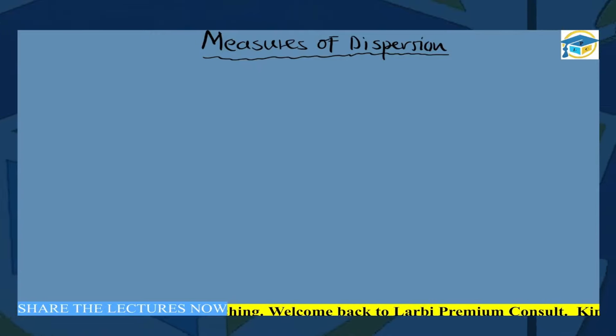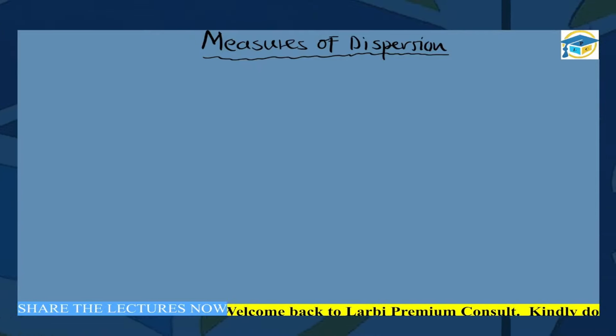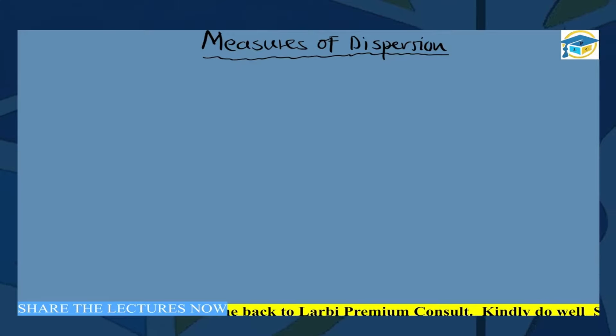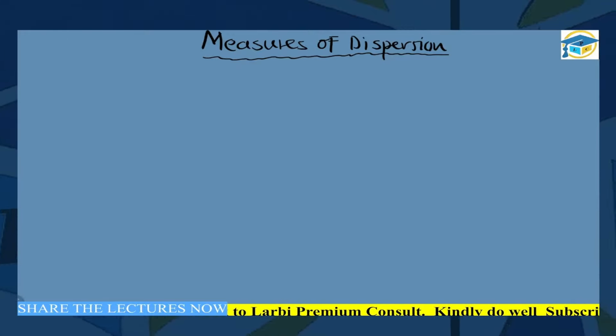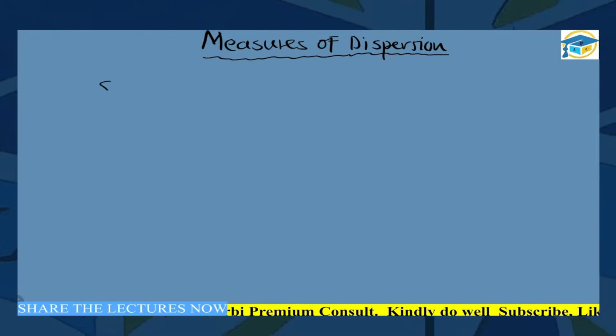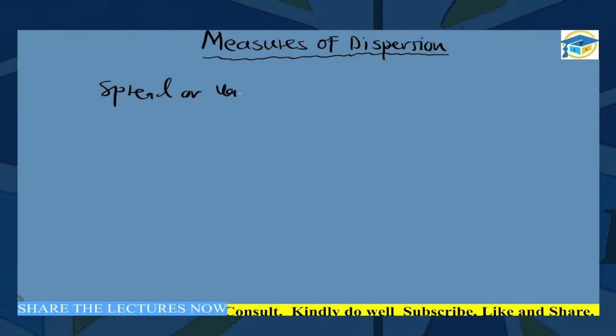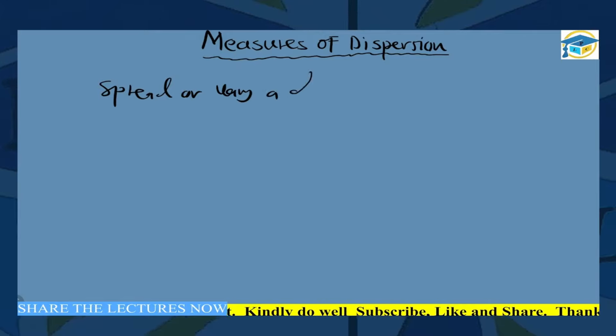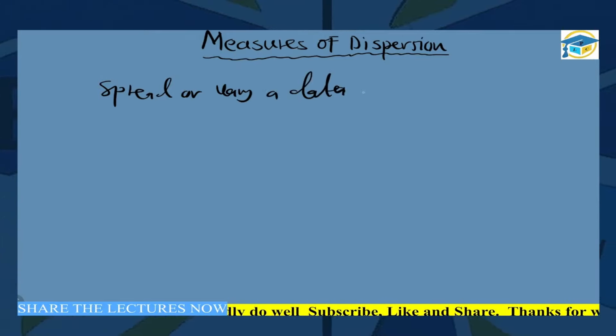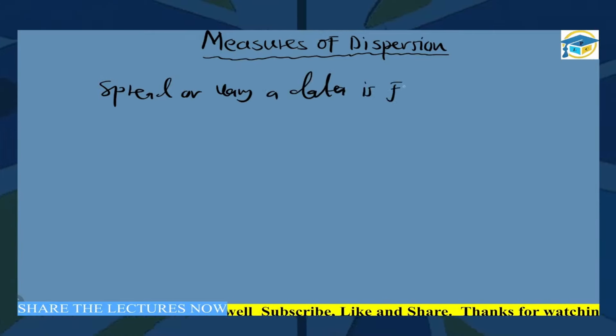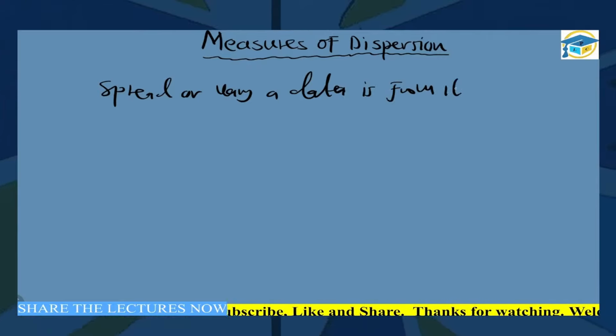When we talk about dispersion in statistics, we are talking about how spread or varied data is from its mean.